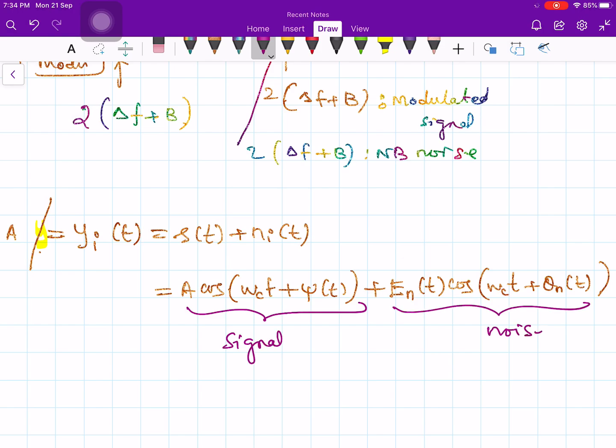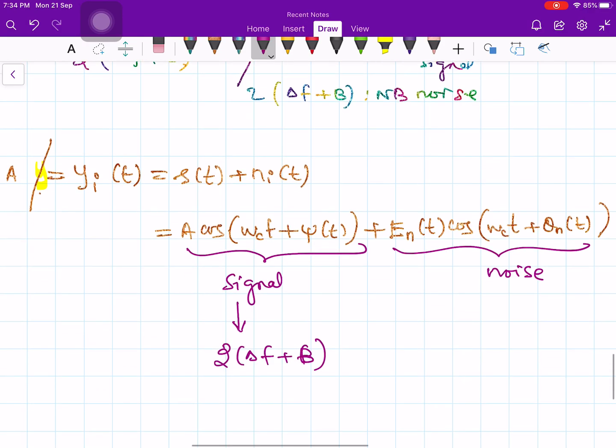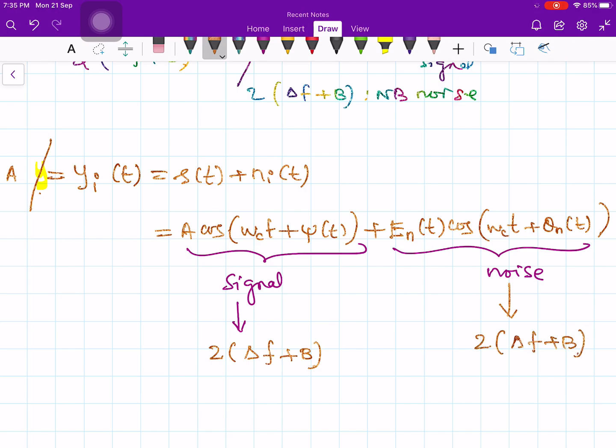Now the signal has the bandwidth of 2 times delta f plus b, and this noise also has the bandwidth of 2 times delta f plus b. Where is the message? The message is hiding here in the psi component, because psi of t is proportional to m of t for PM and proportional to integral of m of t dt for FM.